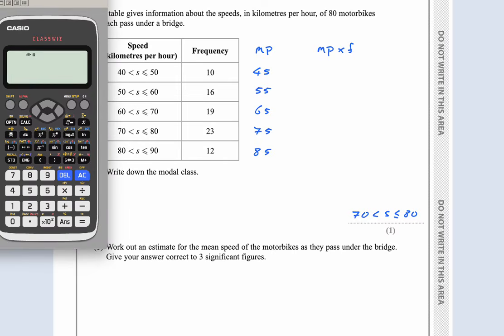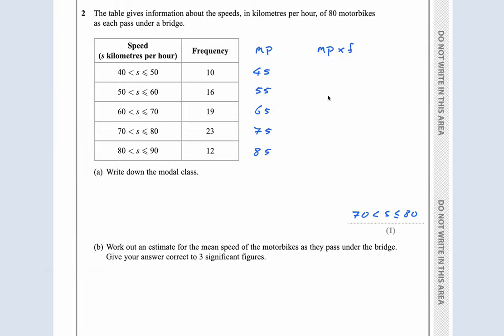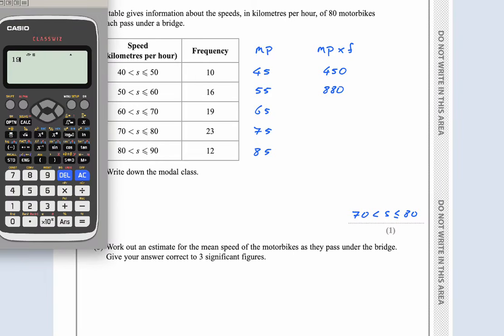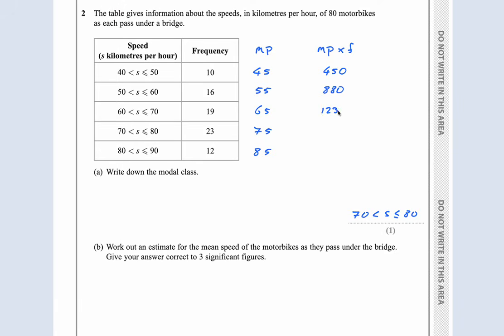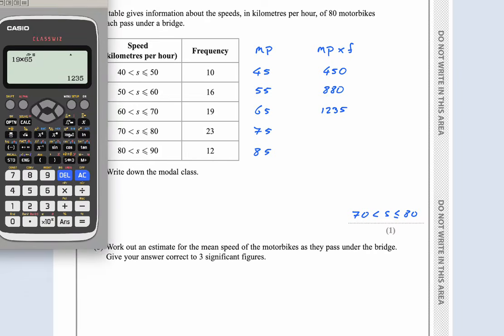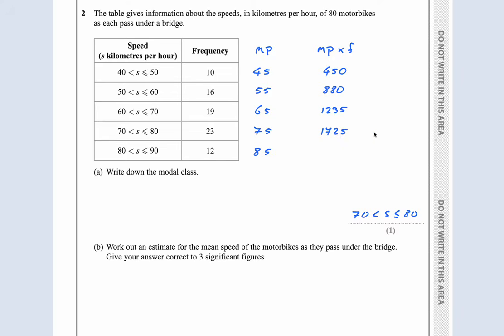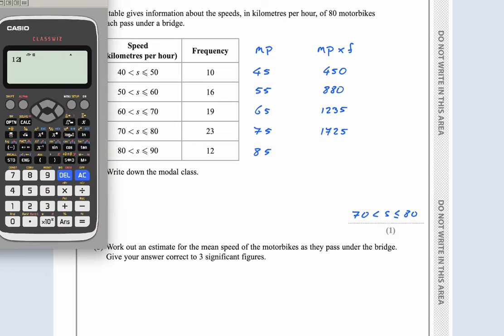So let's do just that. 45 times 10 is 450. 16 times 55 is 880. 19 times 65 is 1235. 23 times 75 is 1725. And 12 times 85 is 1020.